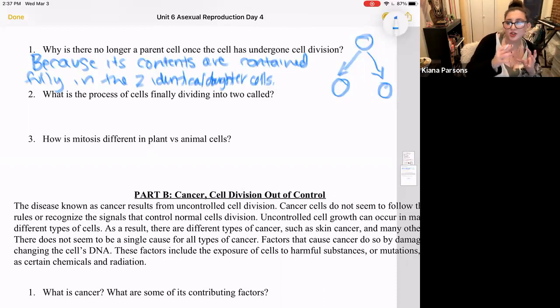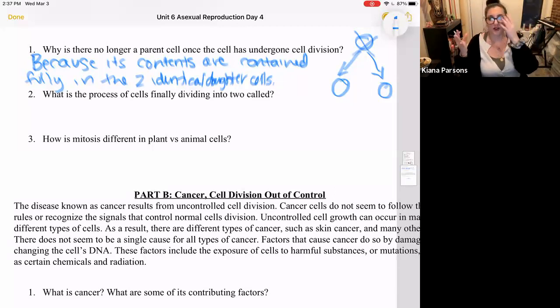The parent cell doesn't just bud a new child, a new offspring. Instead, the parent cell is destroyed through the process of cell division, but it lives on in these genetically identical offspring. So this parent cell doesn't exist anymore because it turns into the two identical daughter cells. And one of them isn't still the parent cell because they're both the same as each other.